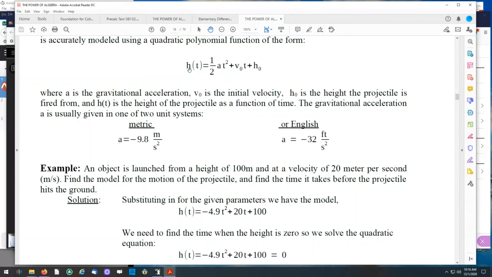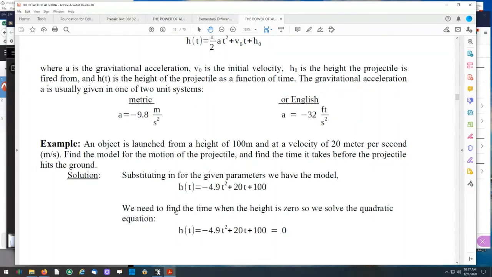Okay, so we start with the basic model: my height is the acceleration term plus the velocity term over time plus the initial height. So I plug it in. Since it is a metric model, I use 9.8, divide that by 2, and I get minus 4.9 t squared plus 20t plus 100.